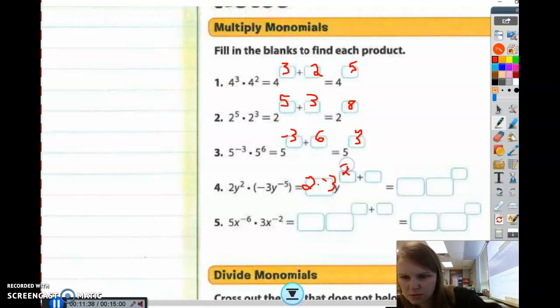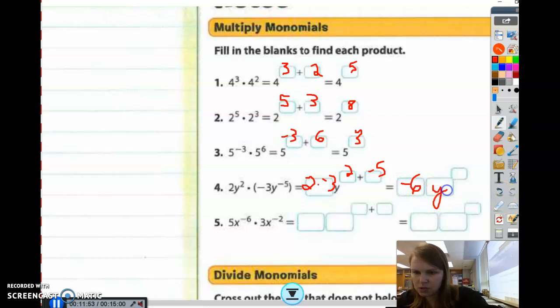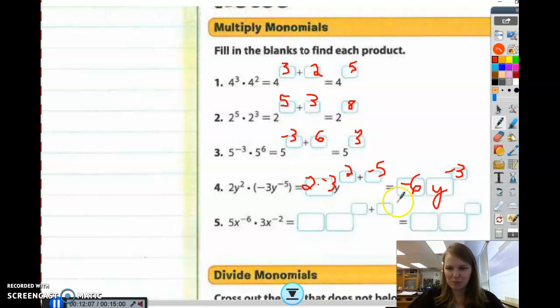Now what is 2 times negative 3? 2 times negative 3 is negative 6, right? Negative 6y. And then 2 plus negative 5 would give us negative 3. That was a lot going on. I just want to check that one. Yep, we nailed it. Nice job, guys.